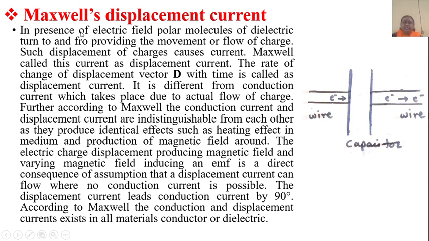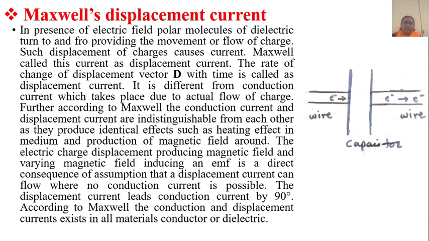In the presence of electric field, polar molecules of dielectric turn to and fro, providing the movement of charge. Such displacement of charges causes current. Maxwell called this current displacement current.